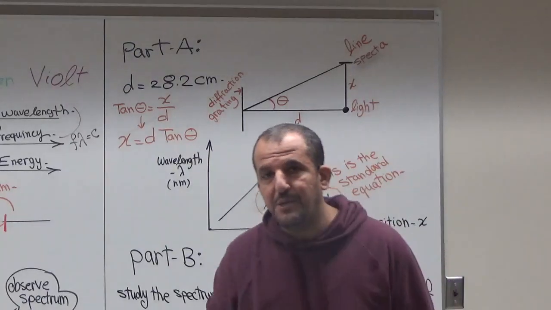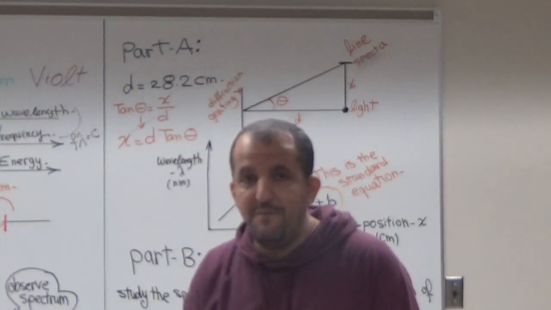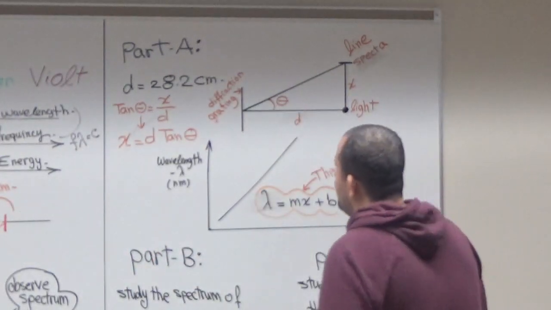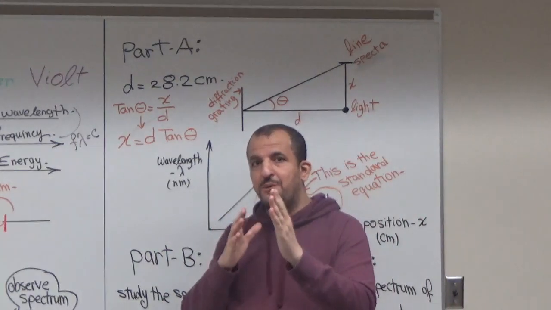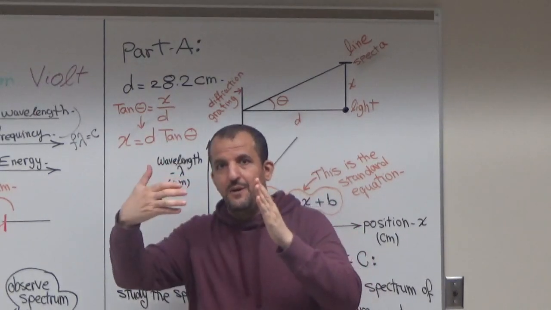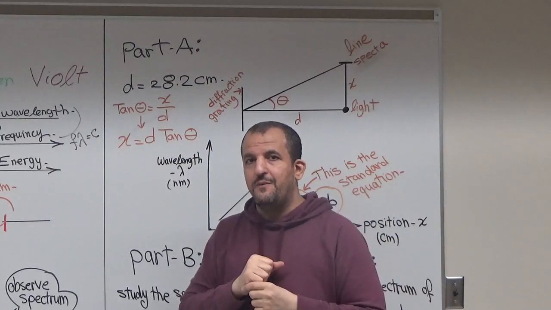And you did very nice work today. I helped you a little bit, but you did very nice work, guys, to figure out this standard equation. So what you need to do, guys, when you move the microscope and the spectrometer to the right or to the left, you need to measure that angle.